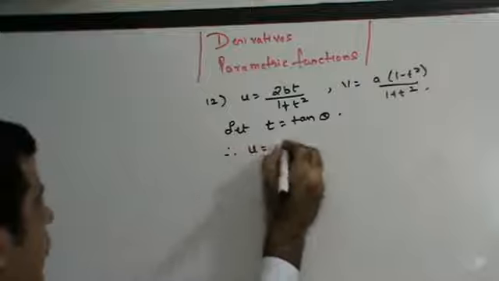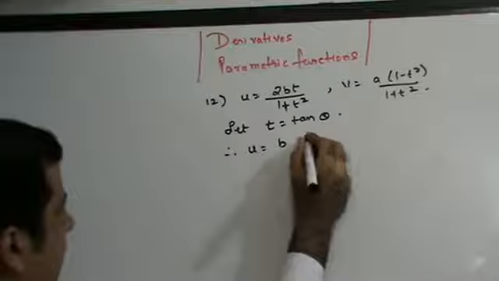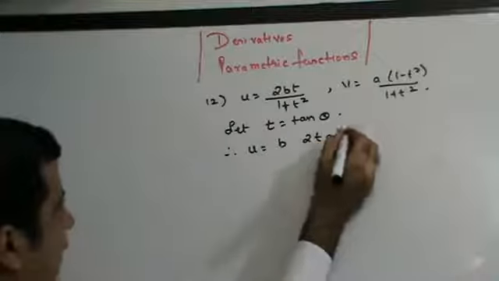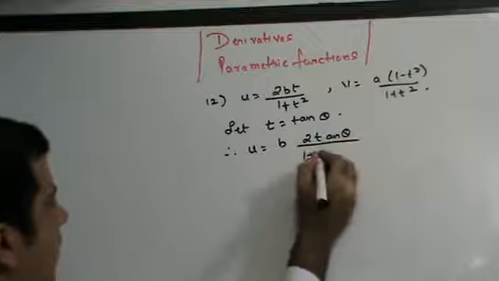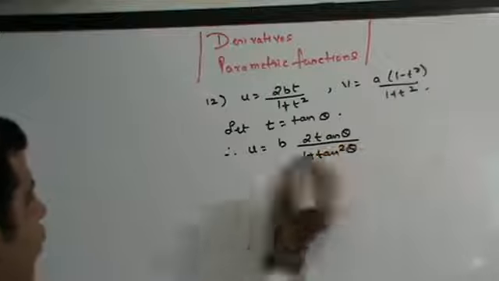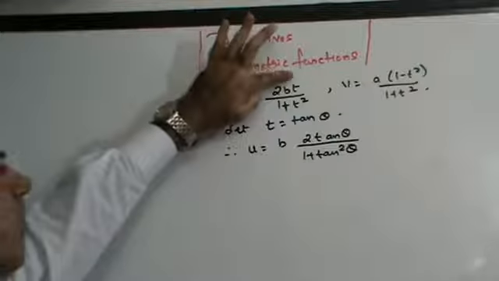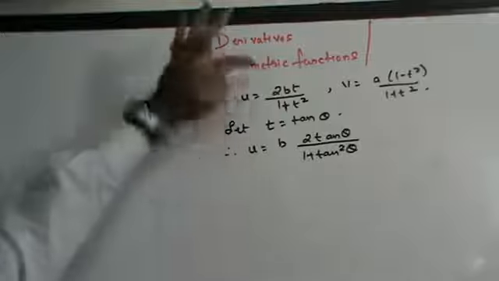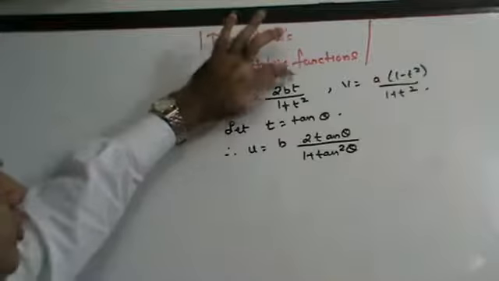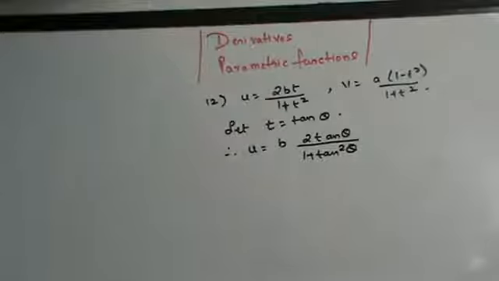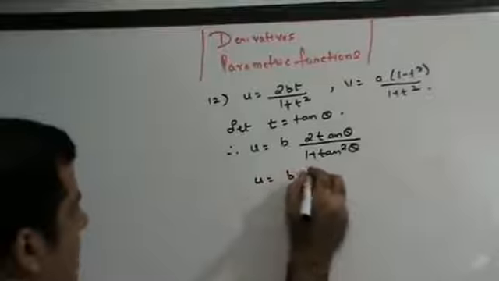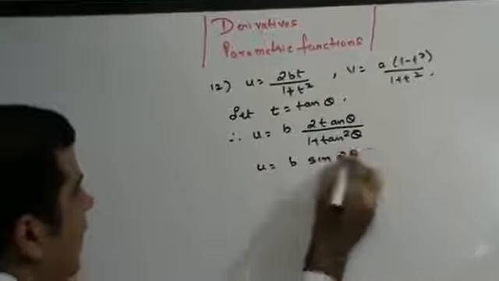Therefore, I will get u is equal to, take the b outside, so you will get 2 tan theta upon 1 plus tan square theta. What did I do? I substituted the value of t as tan theta. B is a constant, comes out, 2 tan theta upon 1 plus tan square theta, which is nothing but sin 2 theta.